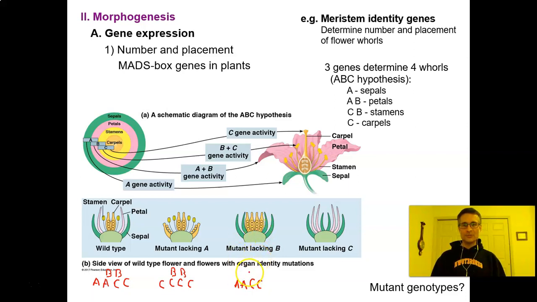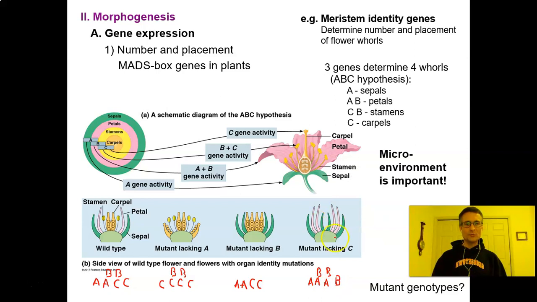So in this case, we completely lack anything produced by our B genes, so we lack the petals and we lack the stamens. Finally, if we don't have a functioning C gene, then what we have are sepals, petals, more petals, and more sepals. In other words, we have no reproductive whorls.